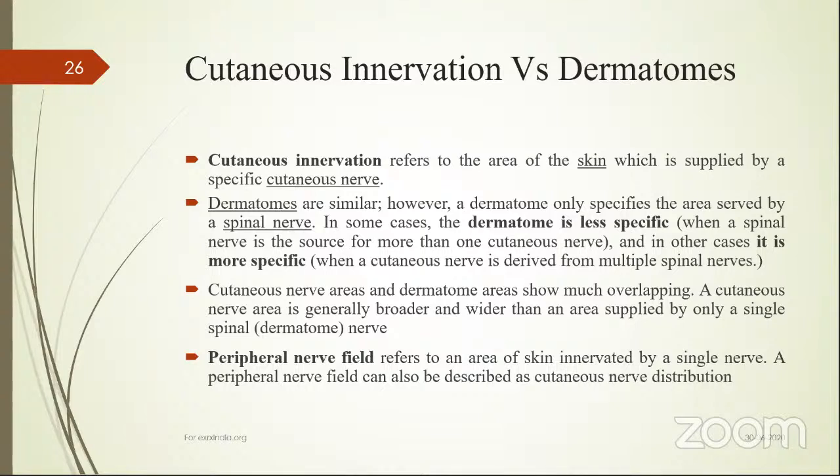And peripheral nerve field is a term they use for area of skin innervated by a single nerve. A single nerve, wherever skin which is innervated, that they call as peripheral nerve field distribution also.